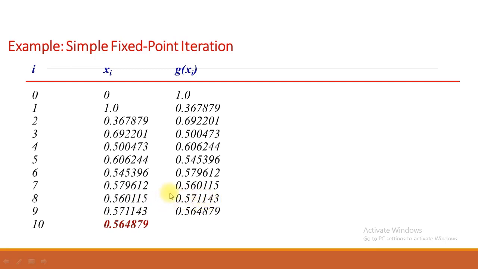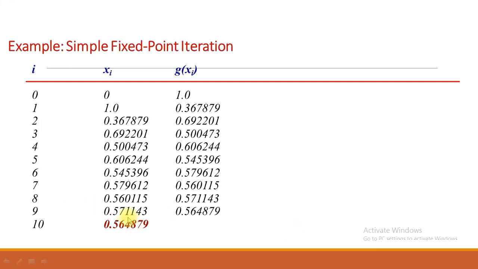we obtain 0.71143. Then putting this value 0.71143 into the g function, we obtain 0.64879, and putting this 0.64879, we obtain a value which will be the approximate fixed point for g, and this fixed point is the approximate root of the given nonlinear equation.